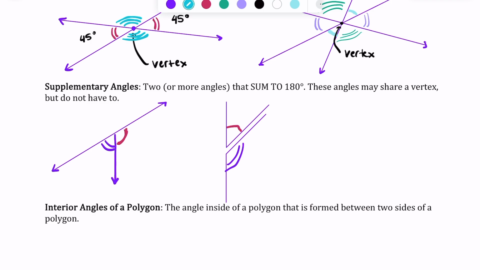So let's say if this guy was 50 degrees, this one would need to be 130 degrees to make it a supplementary angle. Oftentimes, if we're talking about angles here, we would say the 50-degree angle is a supplement to the 130-degree angle, or vice versa.